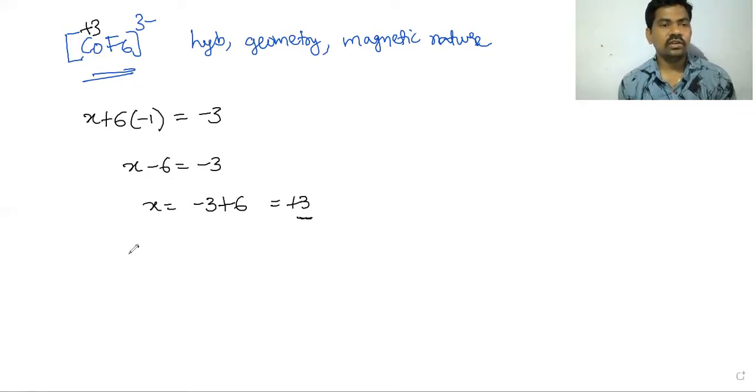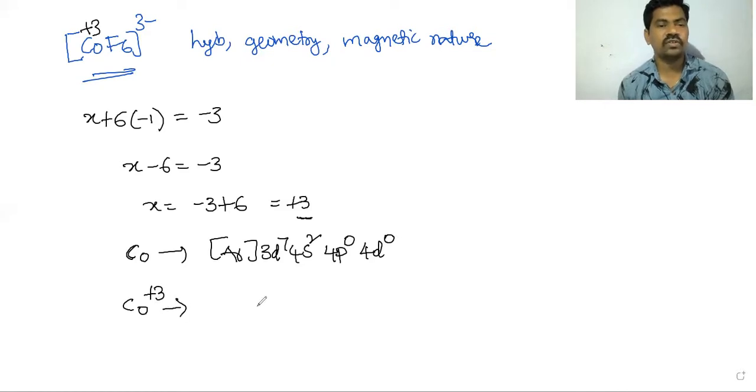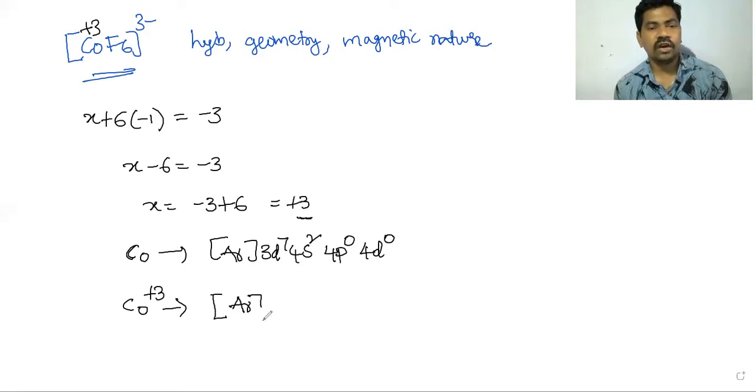What is the electronic configuration of cobalt in general? It is argon 3d7 4s2, 4p0, then 4d0. In this complex cobalt is in +3 oxidation state, so 3 electrons will be removed from its original configuration.